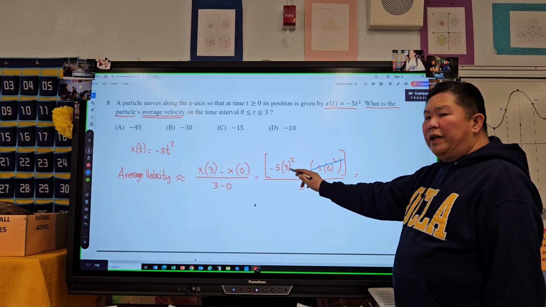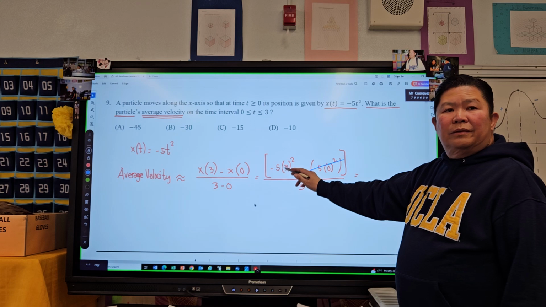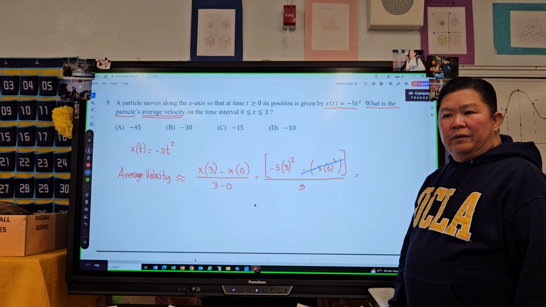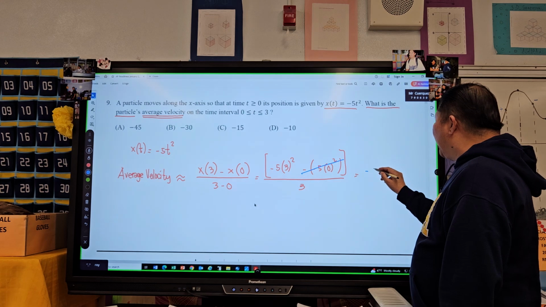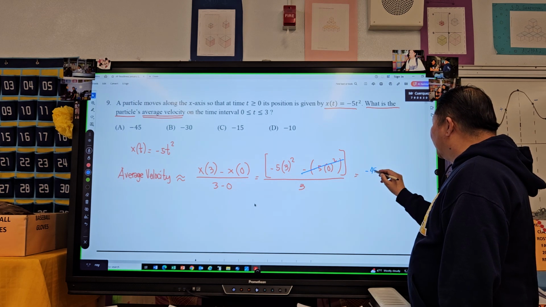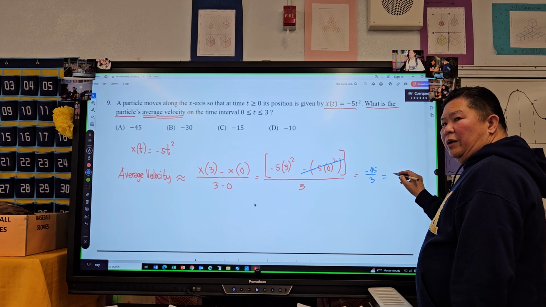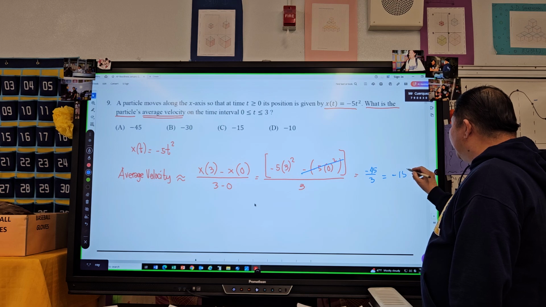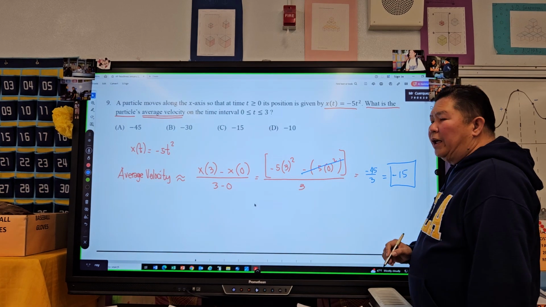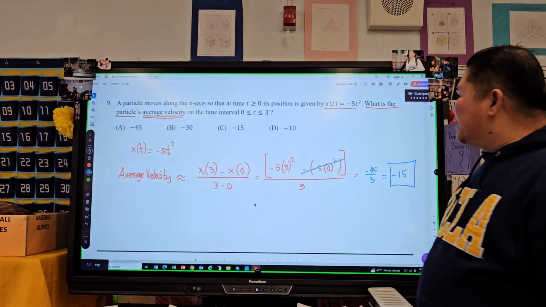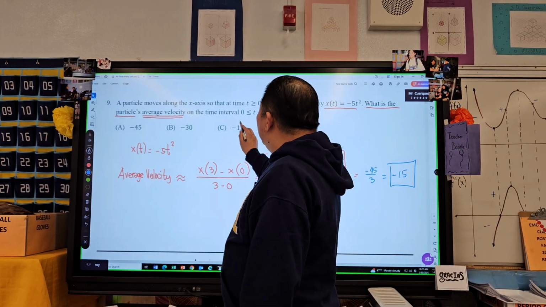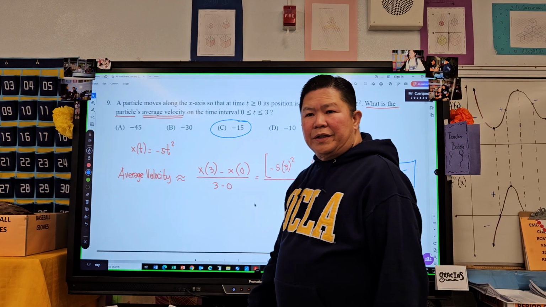What you have right here, 3 squared is 9 times 5, so we have negative 45 over 3. So what is our final answer? Negative 15. What letter is negative 15? Letter C, right? So this is our answer, letter C.